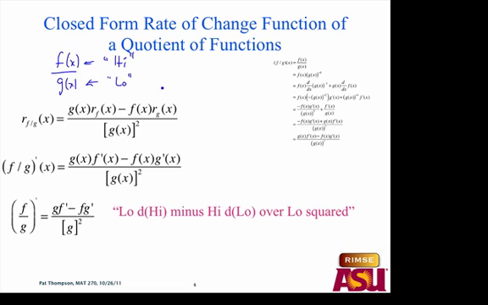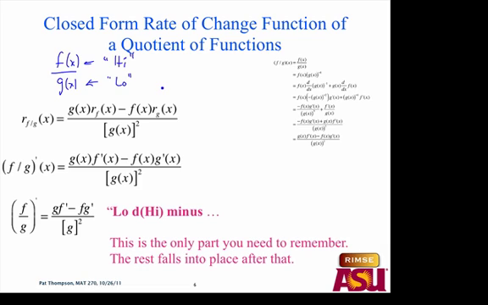Does that make sense? So then, really, all you need to remember is, if you could just memorize this part, then the rest falls into place. If you just remember low d high minus, then the rest kind of falls out because it's going to be the other, minus high d low over low squared.